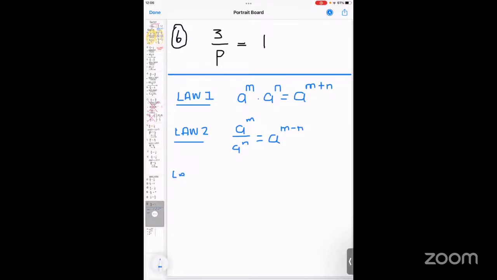And then maybe let's talk about law 3. Law 3 is where you have a to the m, all to the n, and you will just say m times n. And then maybe let's go to the last law, being law 4.